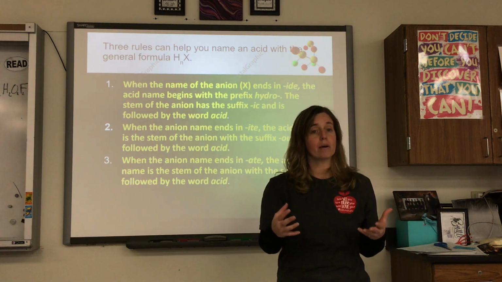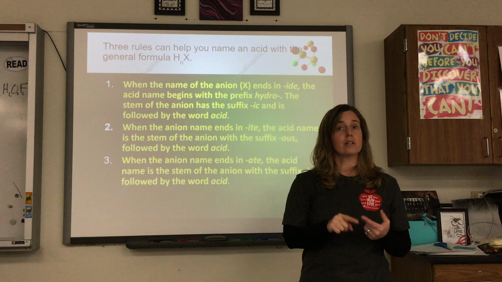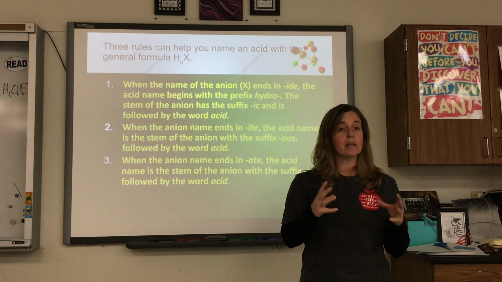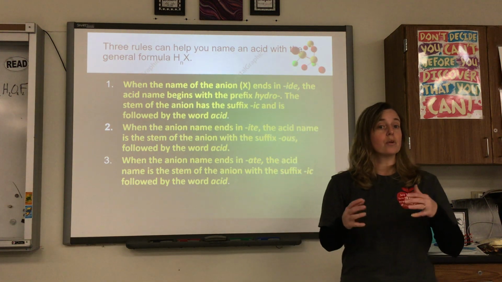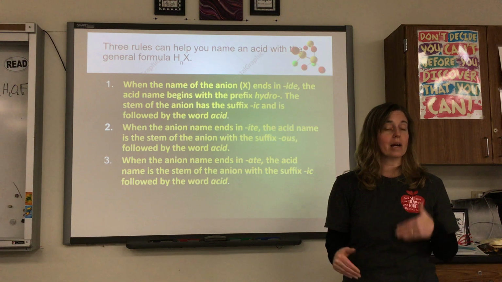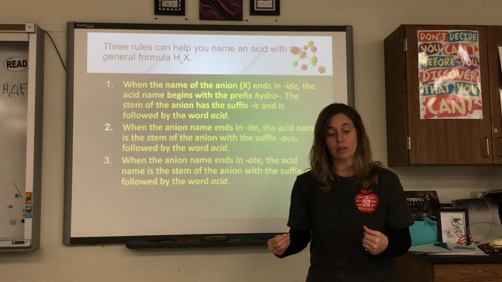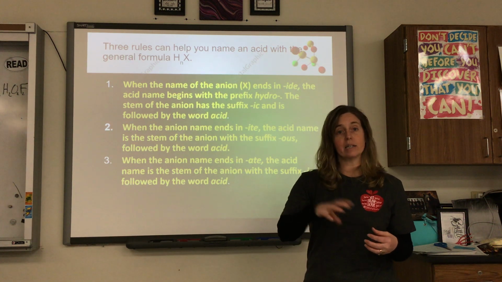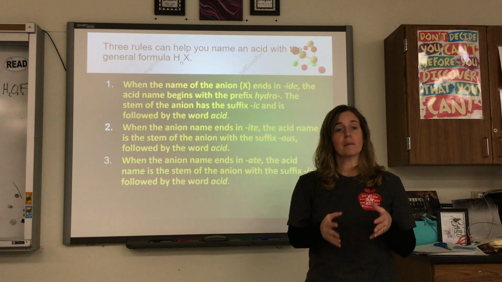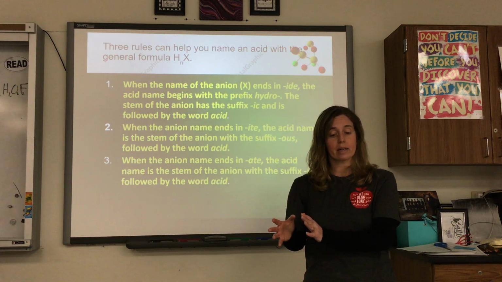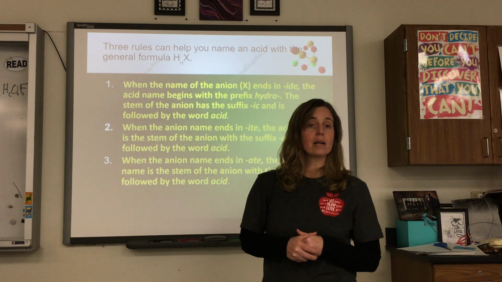So those nonmetals on the right side of your periodic table, such as nitride, oxide, fluoride, chloride, all of those negative anions, when they end in IDE and you put a hydrogen in front of them, you've now changed it into an acid. So that hydrogen makes it an acid. Now when you do this, that IDE gets changed to ic. So you take the IDE off and you add ic, and then you add the word acid. So when the name of the anion ends in "ide", the acid name begins with the prefix hydro and ends with ic, acid.